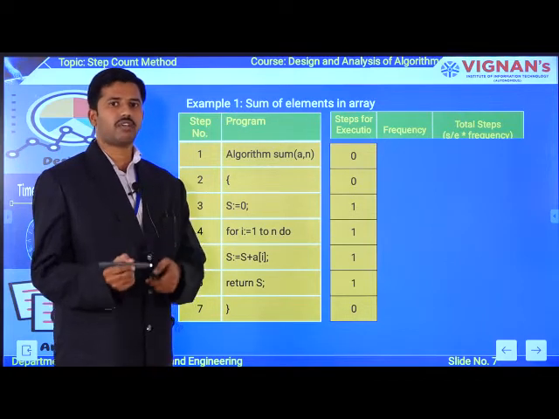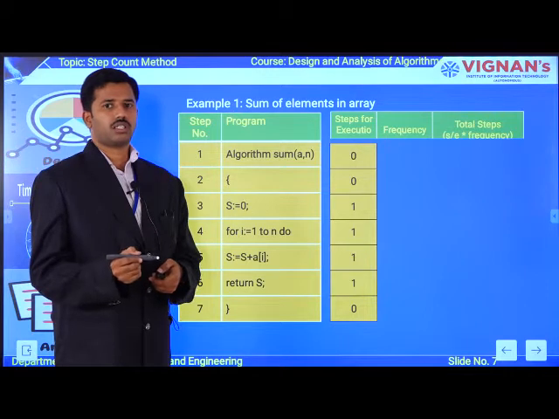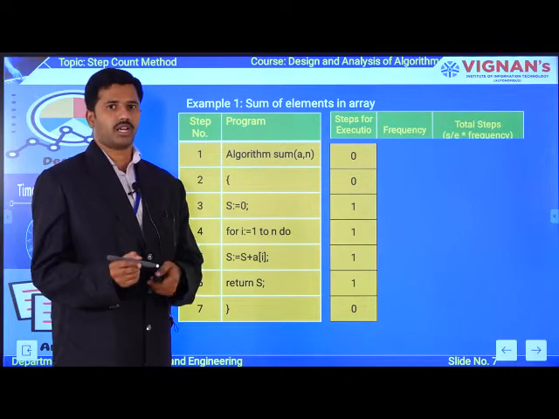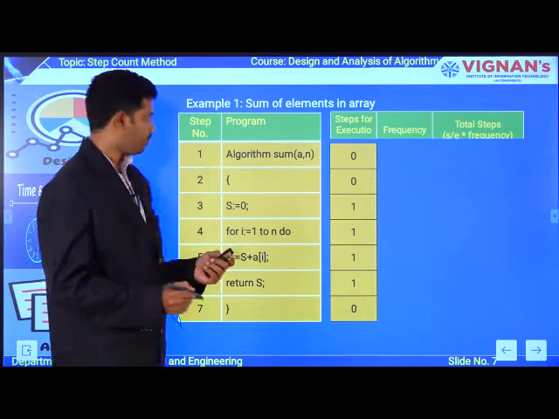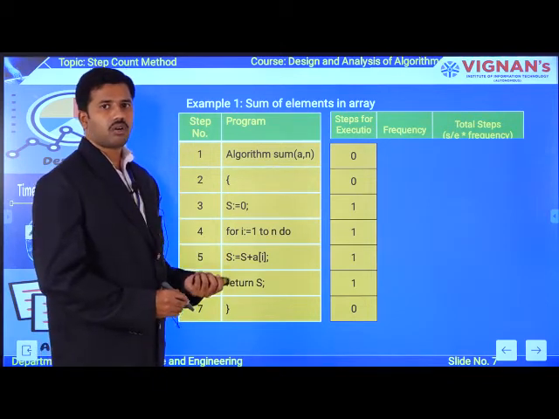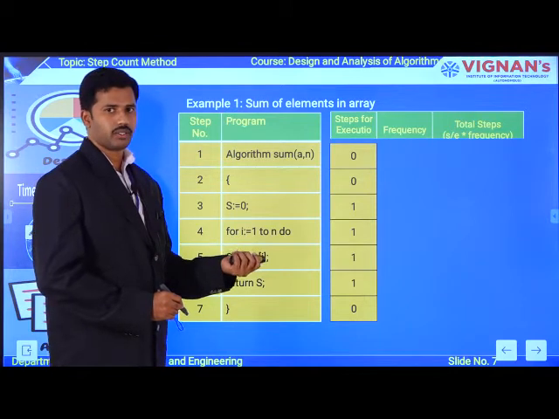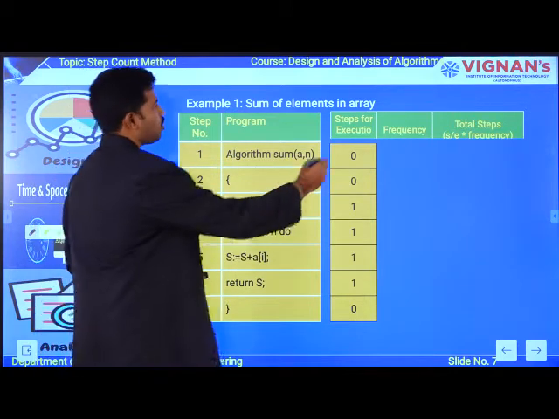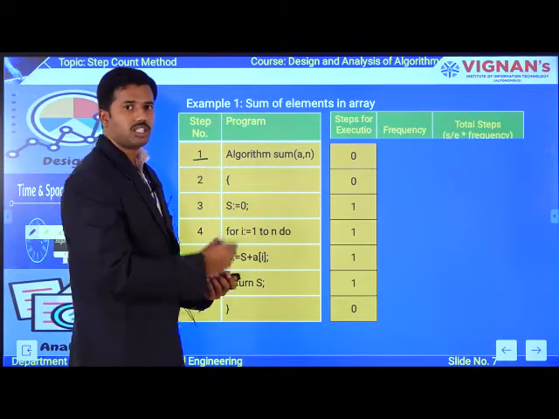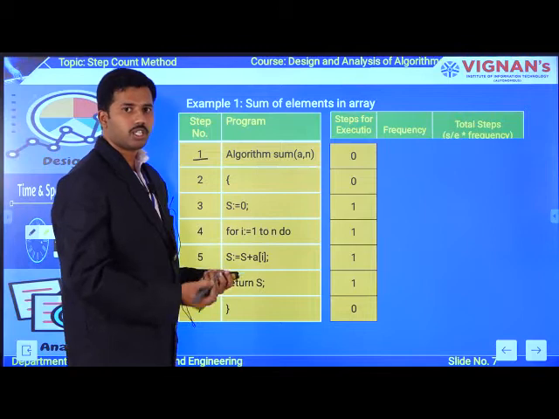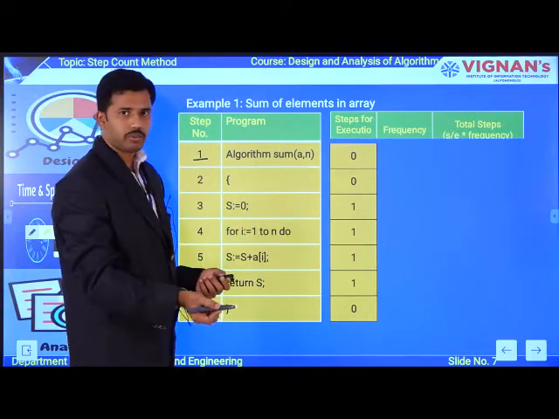We are finding the frequency for the statements which have the step count value as 1 under parameter number 1. Now coming to the second parameter, frequency, what about step number 1? Is it executable or non-executable? Non-executable. So ultimately the frequency also becomes 0.